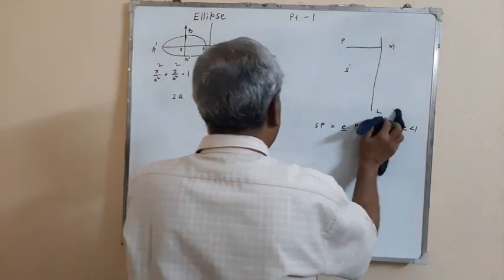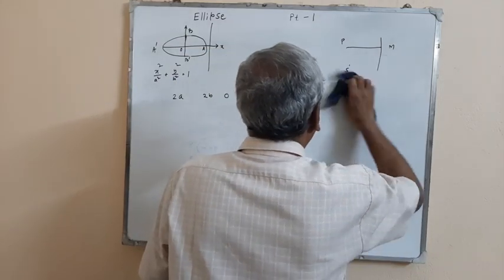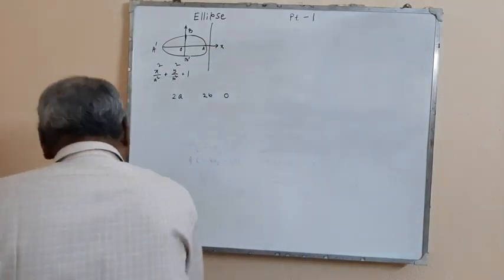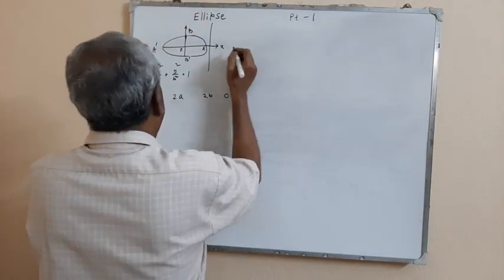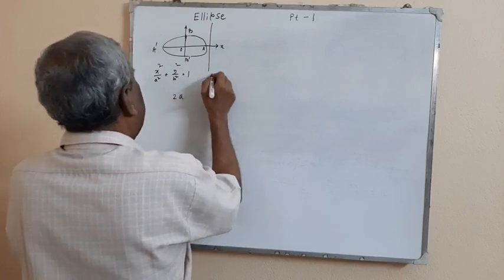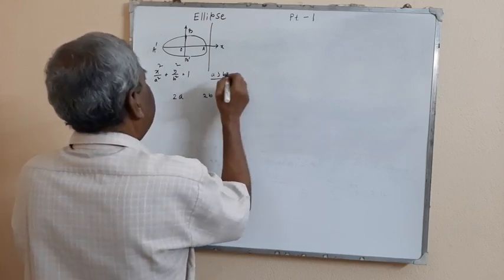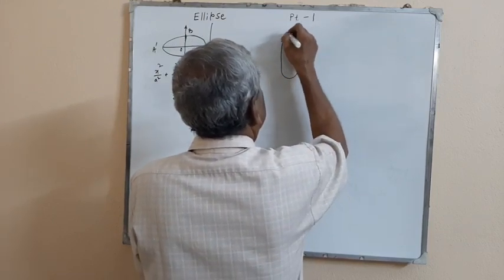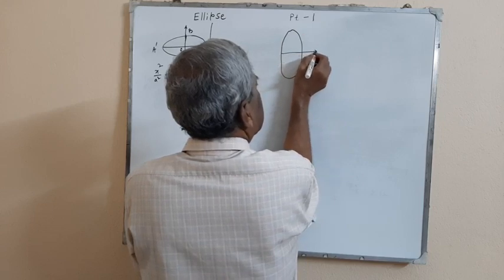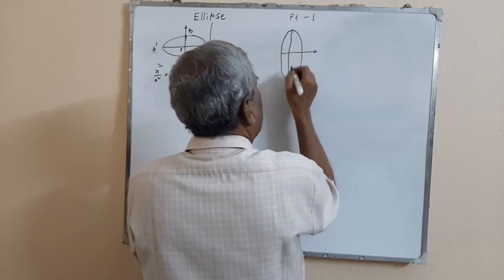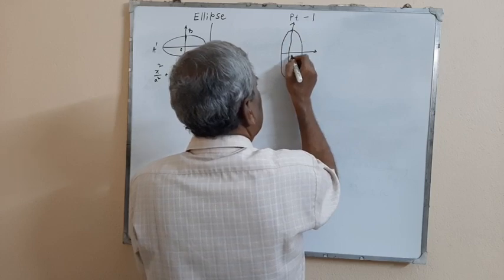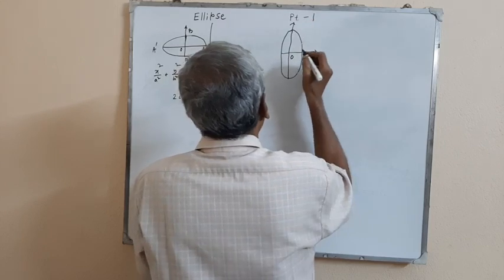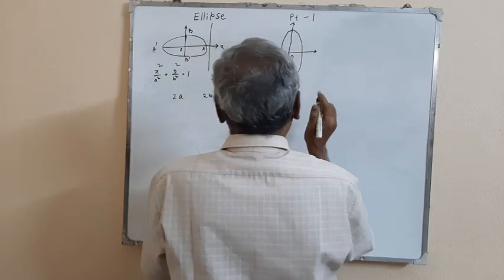So, in fact, there are two types of ellipse. One is that here, in this equation, A is greater than B. The other is: this is the x-axis, this is the y-axis, this is the center O, this is the major axis, and this is the minor axis in that case.